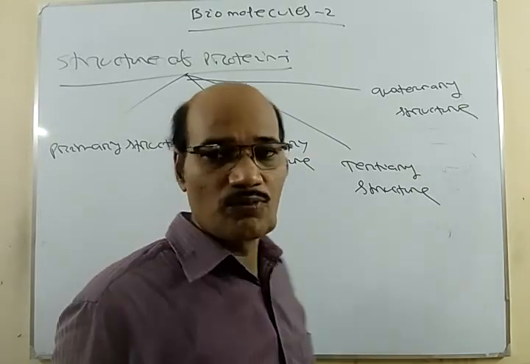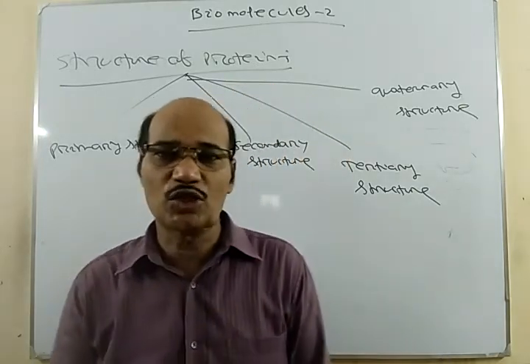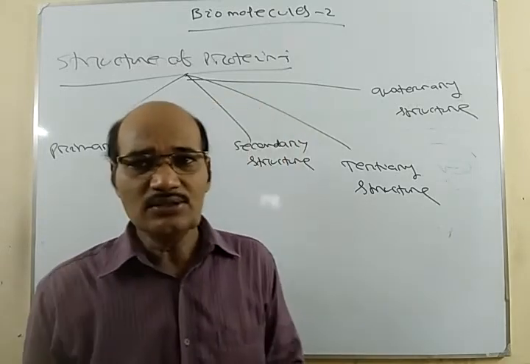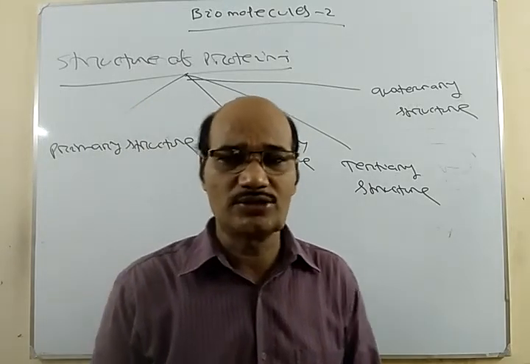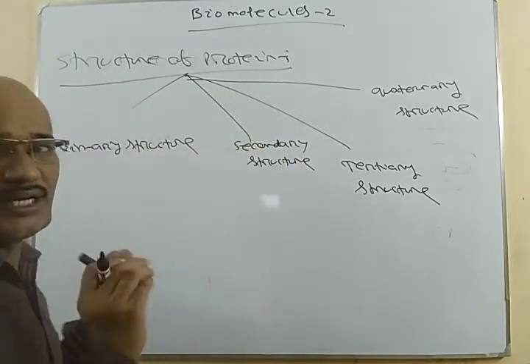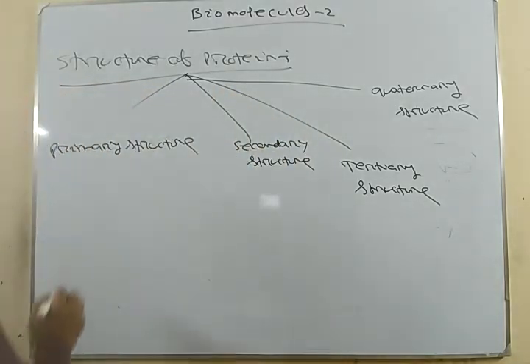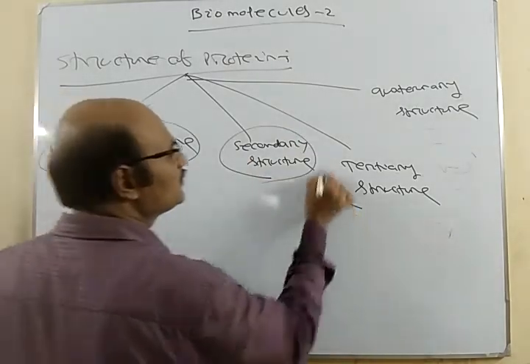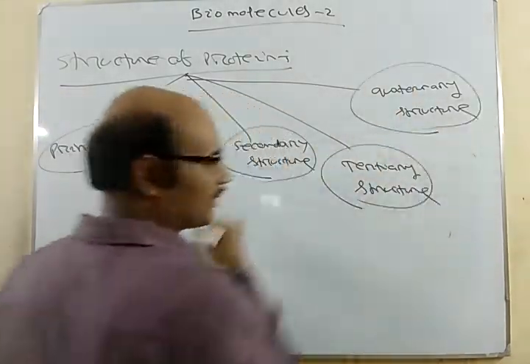So there are four different kinds of structures for the proteins. Okay. Details of molecular structures we will not discuss, simply the qualitative ideas. So we have the primary, secondary, tertiary, and the quaternary.